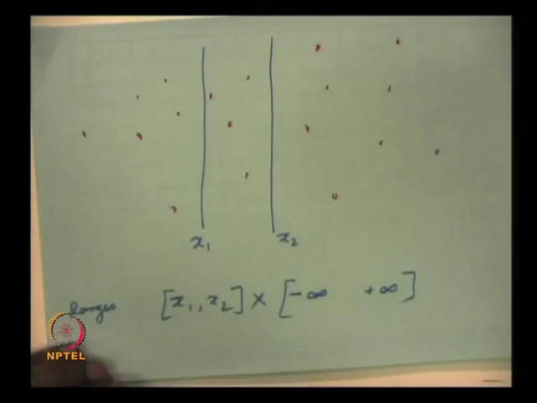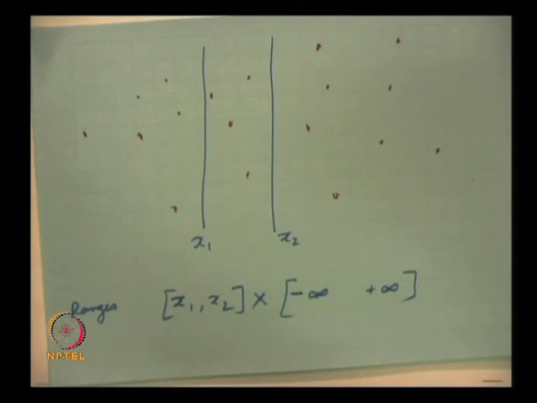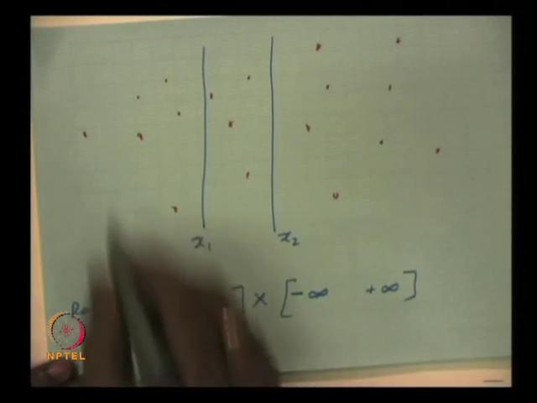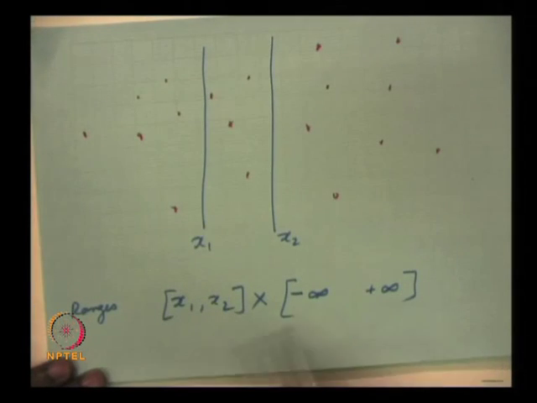So, in the y direction, I am willing to look at the entire slab. Of course, this minus infinity plus infinity is actually bounded because the points are enclosed within a box. It only means the extent of the y coordinates. So, if I pose this kind of a range query problem, how would you solve it?